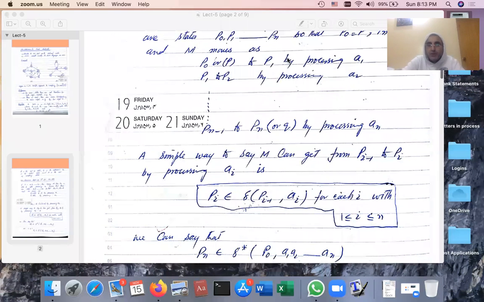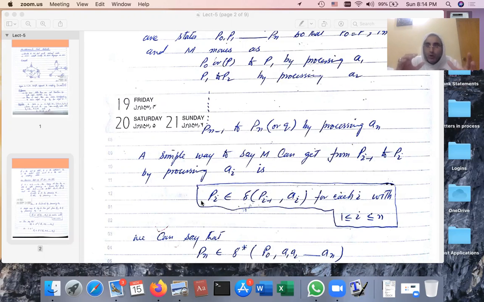From the previous discussion, we can say that we can reach from the previous state Pi minus 1 to the next state Pi by processing Ai. So if we replace these numbers with a variable i, what will be the formula? This is Pi minus 1, this is Pi, and this is Ai. That is written here: from Pi minus 1 to Pi by processing Ai.